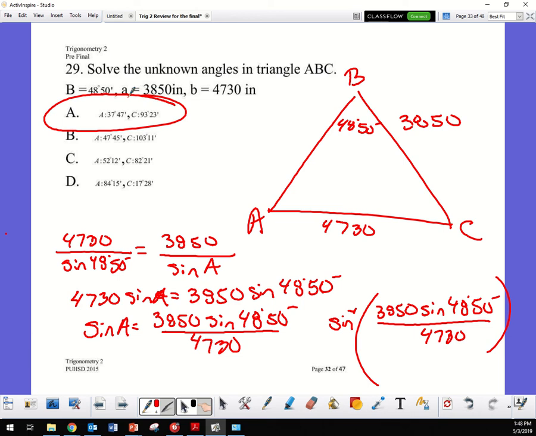You have to start with the inverse sine. We're doing the problem. 3850.